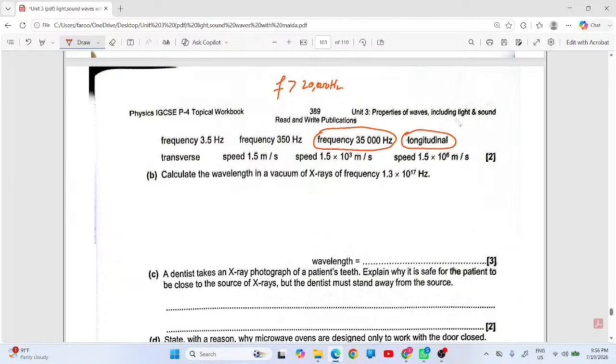Calculate the wavelength in vacuum of X-rays of a given frequency. So we know that wavelength is v by f. X-rays are all electromagnetic waves with speed 3 times 10 to the power 8 and their frequency 1.3 times 10 to the power 17.